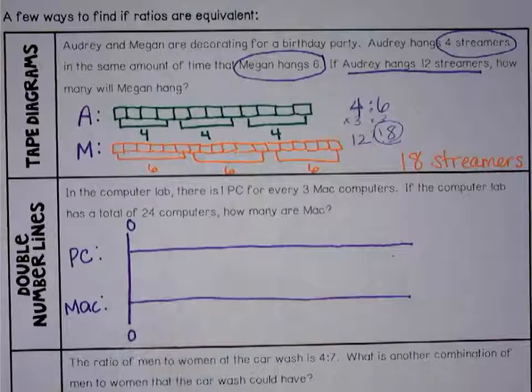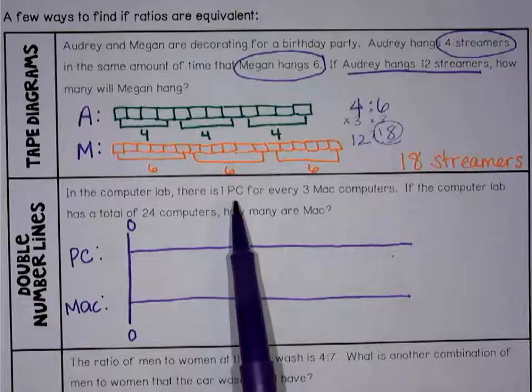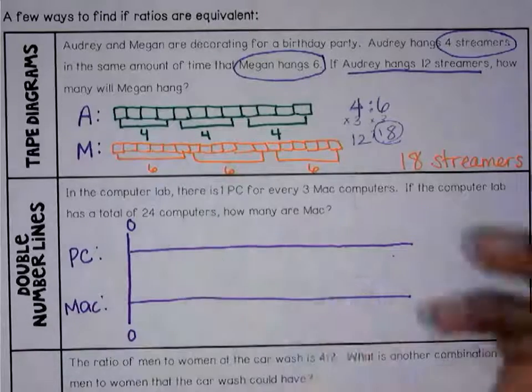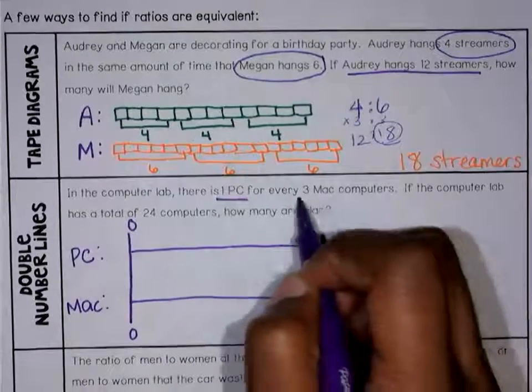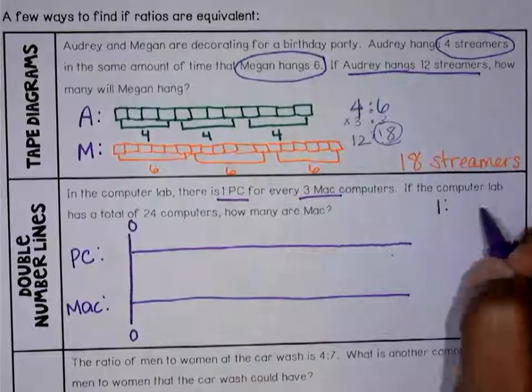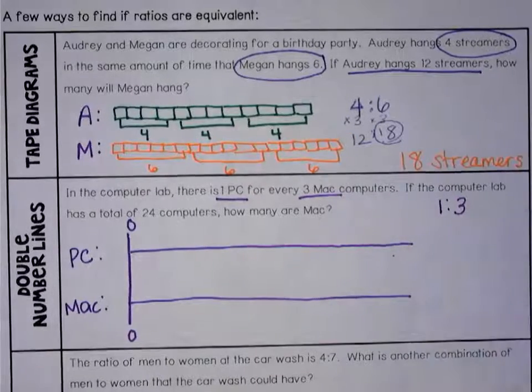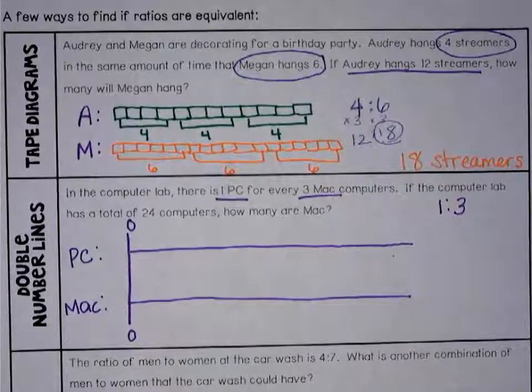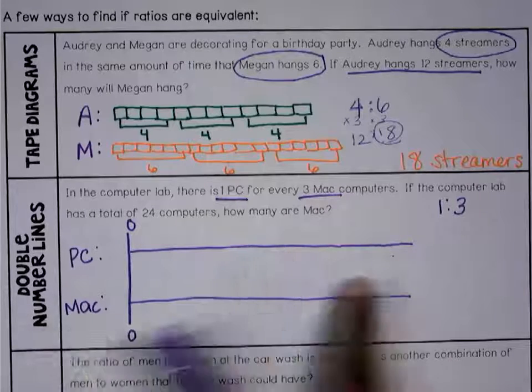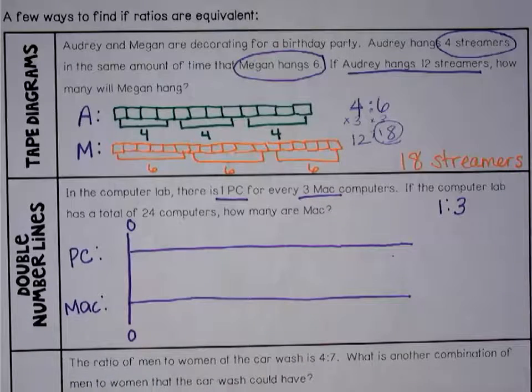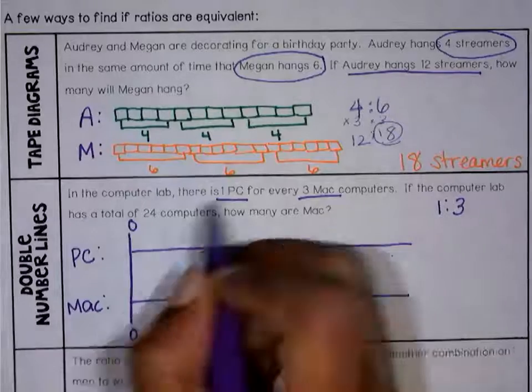PCs are computers too. So the ratio I'm going to put is 1 PC for every 3 Macs. So the ratio is 1 to 3. I'm going to just write that to the side. So I know my PCs are going by ones, right? So I'm going to start right here.